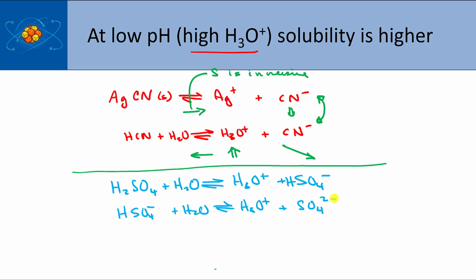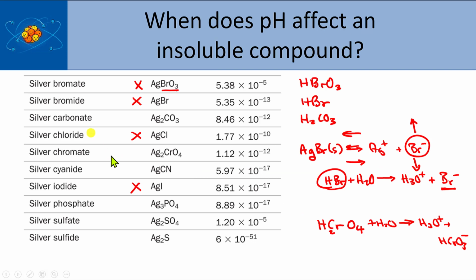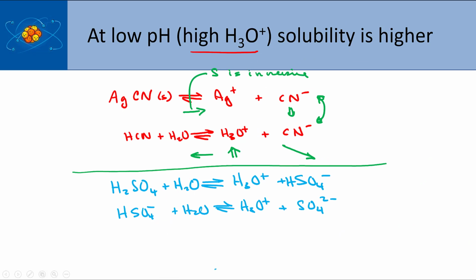SO4 2 minus. Now, going back up to our table here, silver sulfate is also insoluble. So I can say Ag2SO4 is in equilibrium with its ions, 2 Ag plus ions, plus SO4 2 minus.